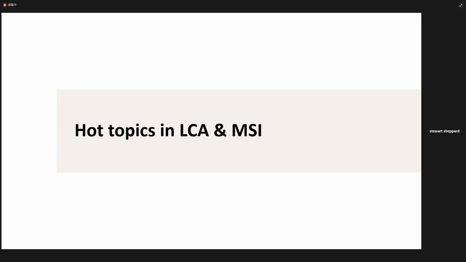You can think of the MSI as a list of ingredients which you put together, and the product module would be something where you mix all of these together, and the output, the result of this is these five numbers, these five indicators that say to make your product, you have used or you have emitted X kilograms of CO2, you have used X cubic meters of water, and you have used X megajoules of energy.